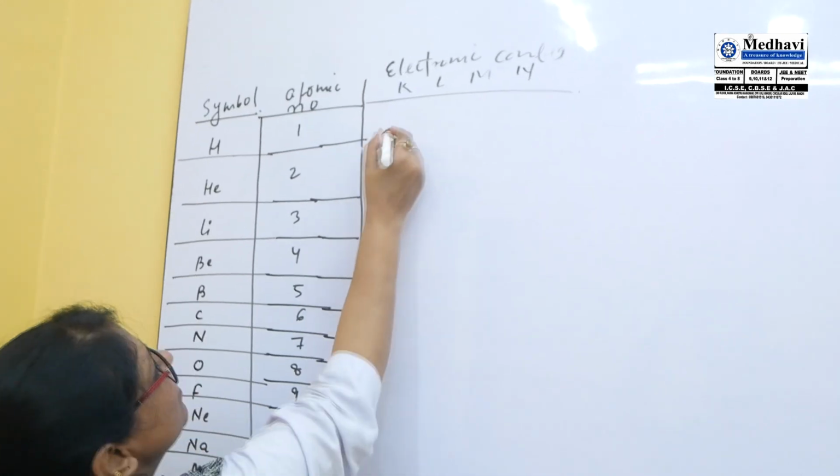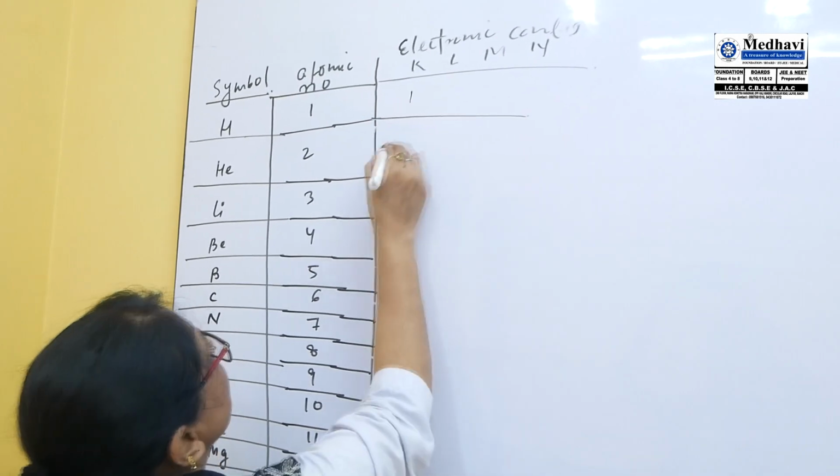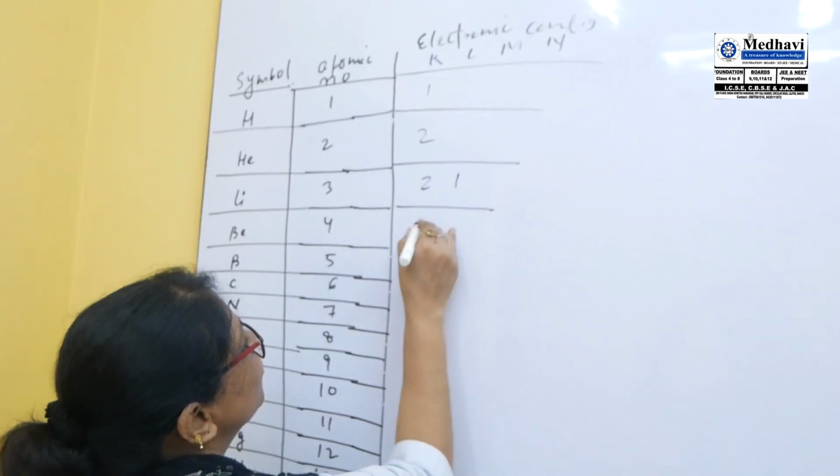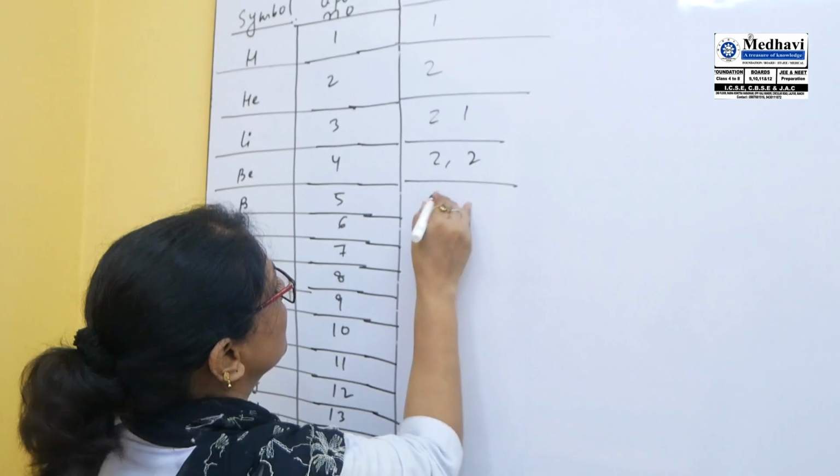So for the first electron, here 1, then 2, then 2, 1, 2, 2, 2, 3.